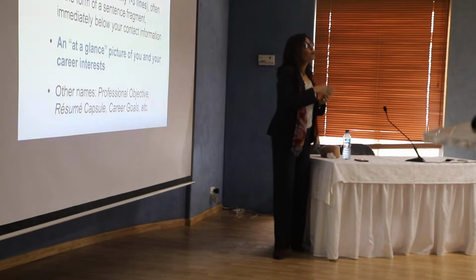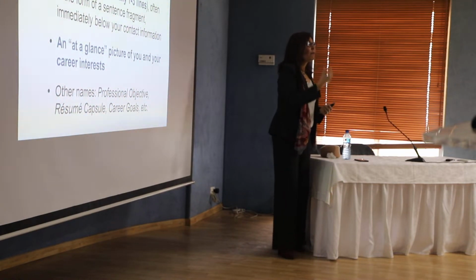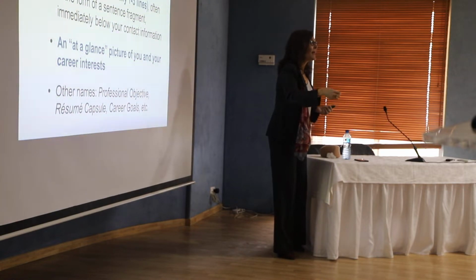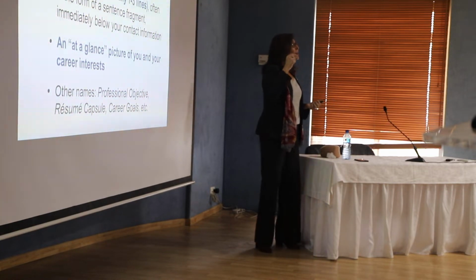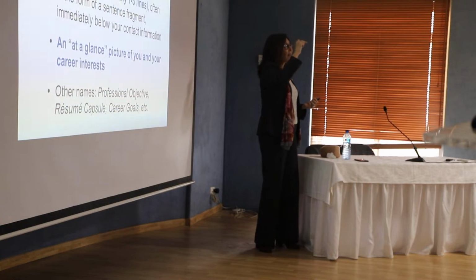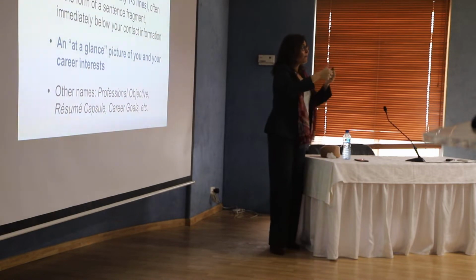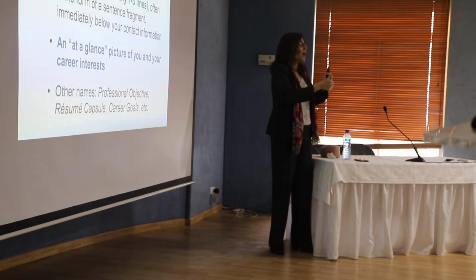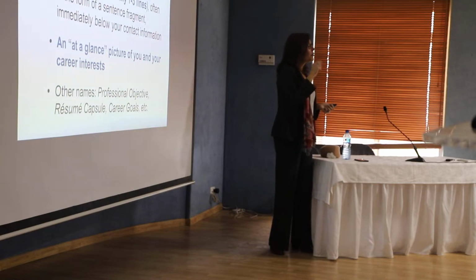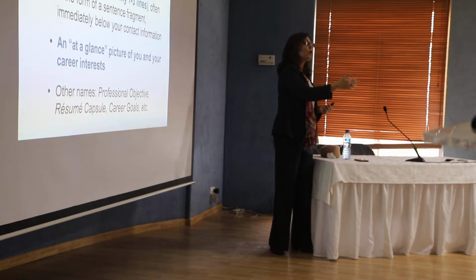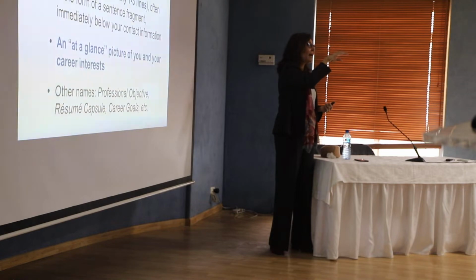And sometimes it runs to 3 lines, as long as I'm giving the information that I need to provide in that career objective. What do you think I should tell the reader in that career objective? What are you thinking about? First of all, the position that I want to apply to. Sometimes you have a job ad and you are applying for a specific job.